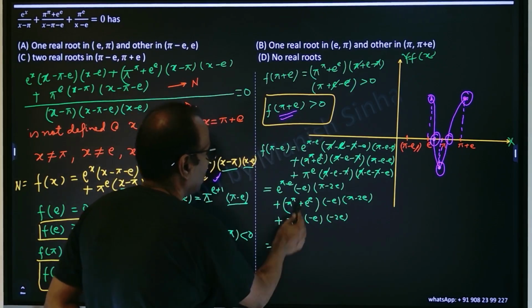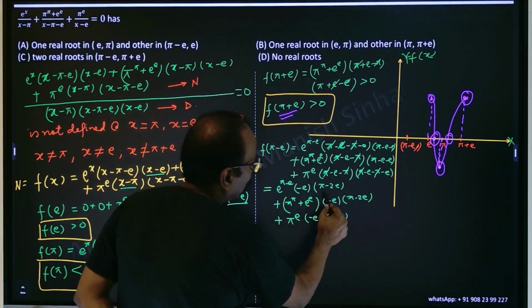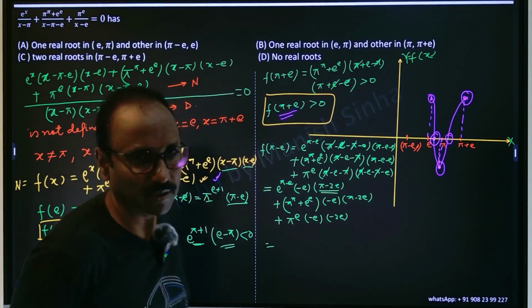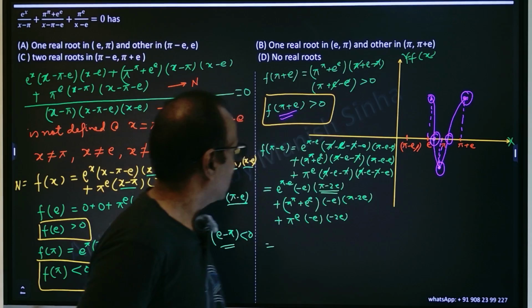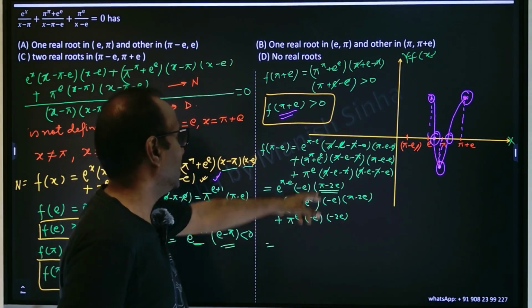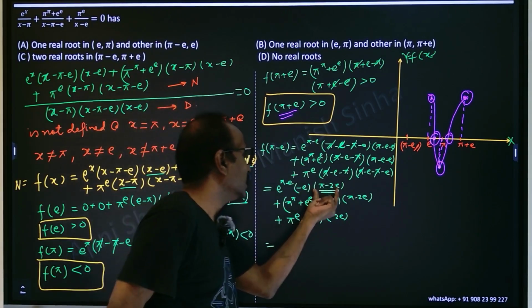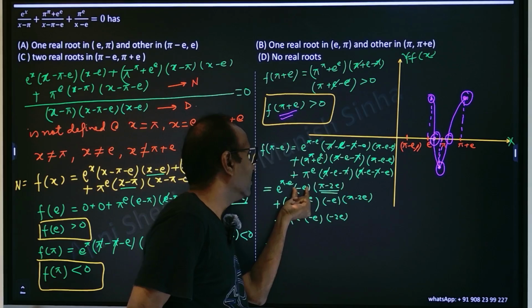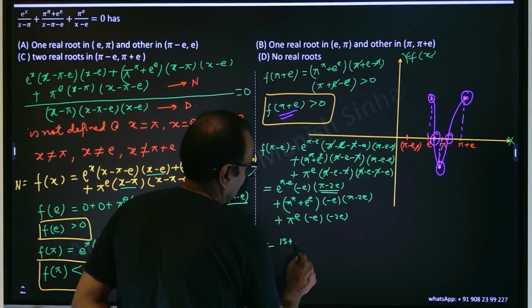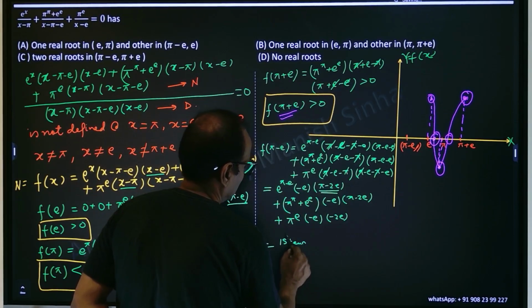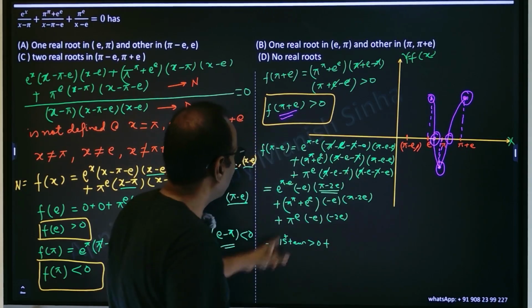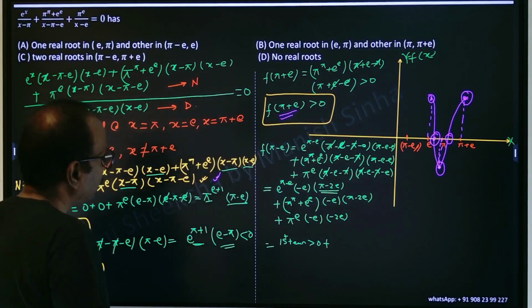Now you can check from here. Pi minus 2e is negative, right? Because e is approximately 2.7 something. So 2.7 into 2 is 5.4, whereas pi is only 3.14. So this is negative, this is negative. So first term is positive. Now we will see the second term.